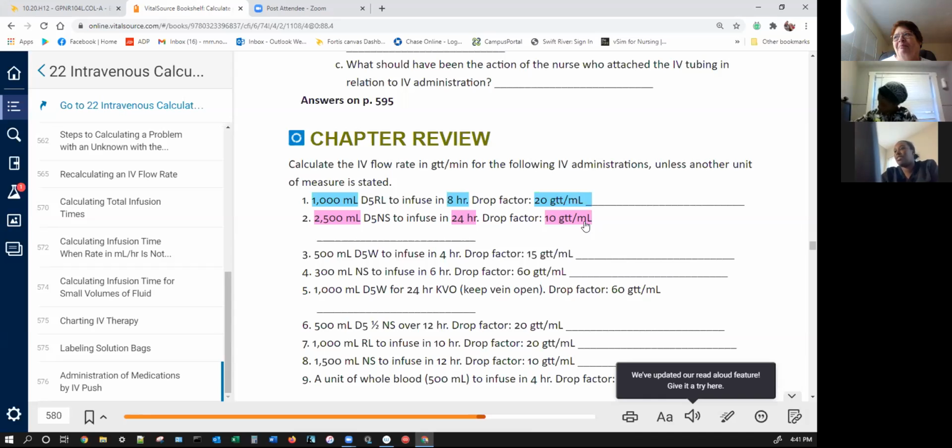2,500 times 10, divided by how many minutes in 24 hours? 24... 1,440.